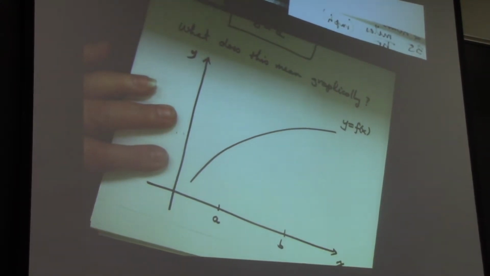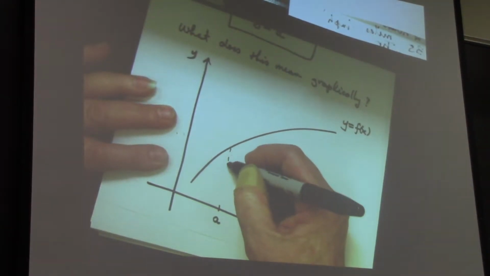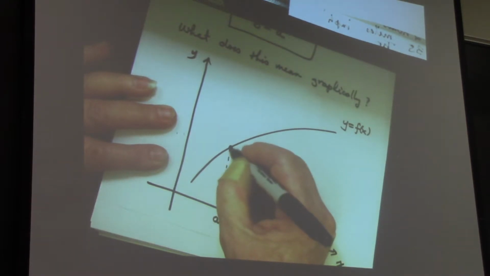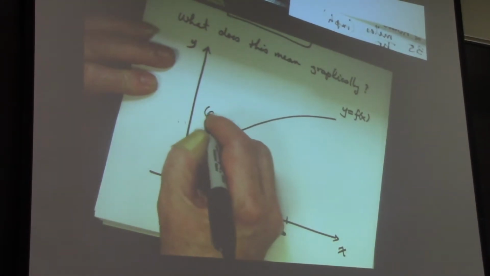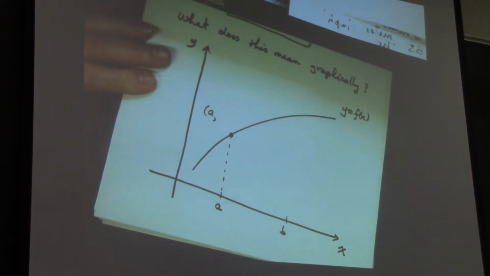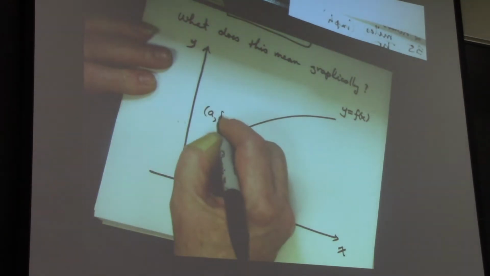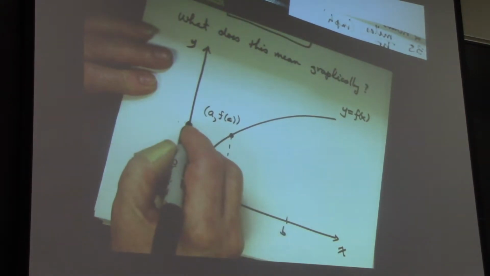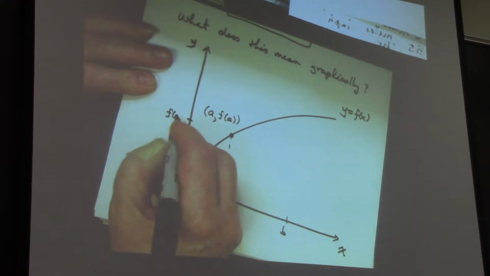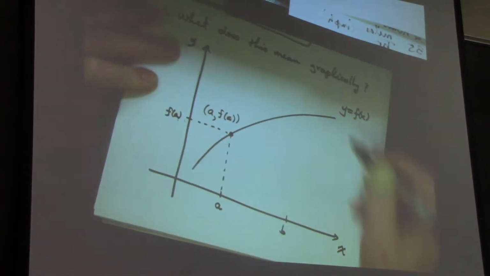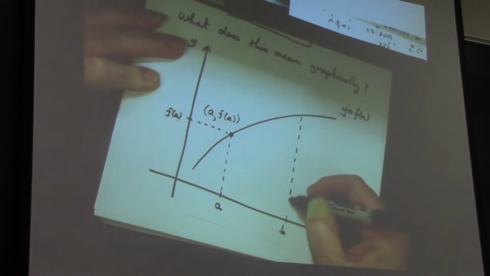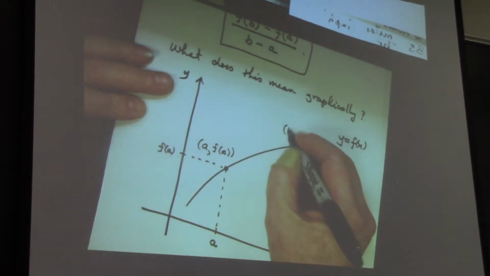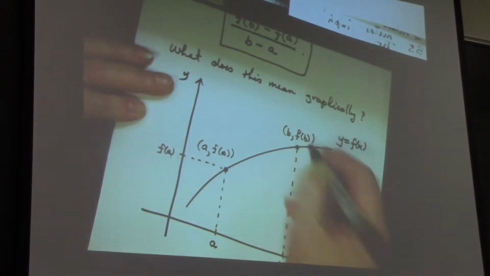Now, what are the coordinates of the point corresponding to x equals a? So a comma f of a. Okay, and what are the coordinates of the point on the graph corresponding to x equals b? So b comma f of b.